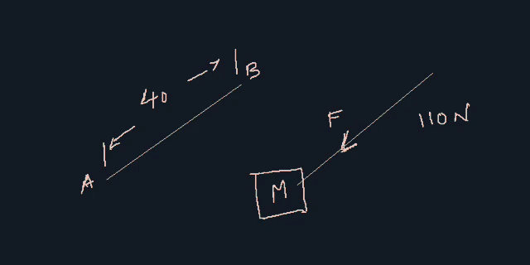So the angle that the vector makes with the reference axis is its direction. Say theta. You can also specify the angle here.